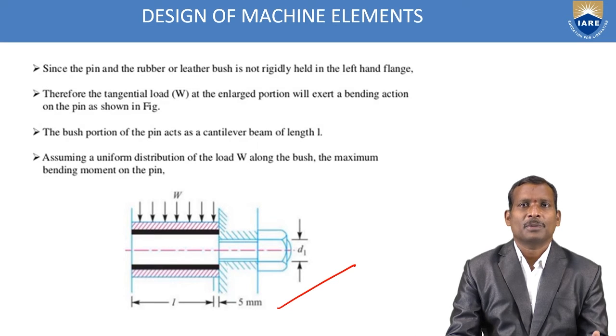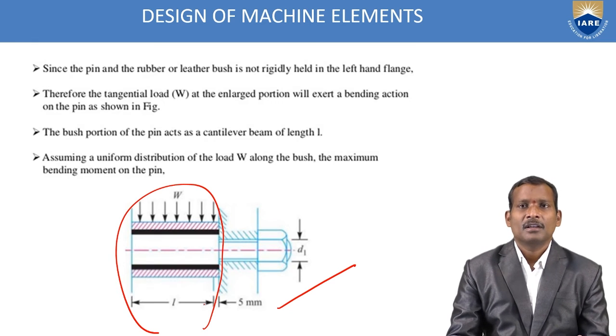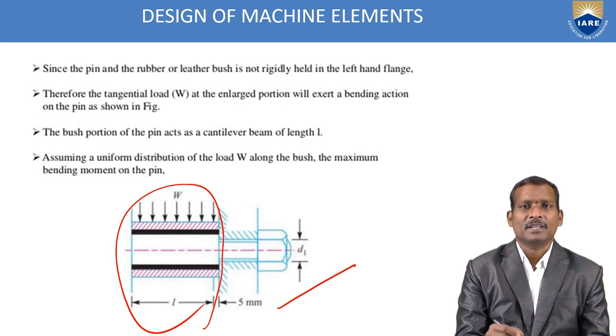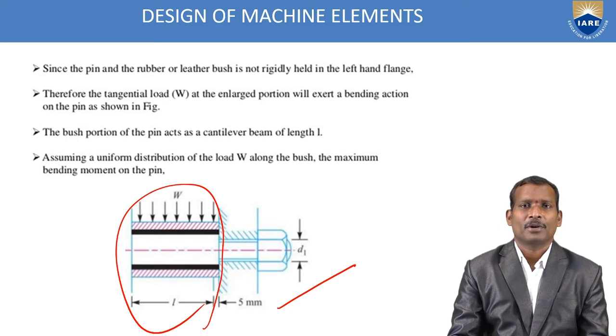The bush portion of the pin acts as a cantilever beam of length L. The bush portion up to here acts as a cantilever beam. One end is fixed, the other end is free. But here the type of load is a uniformly distributed load, UDL, not a point load. So that's why the bush portion of the pin is assumed to be a cantilever beam.